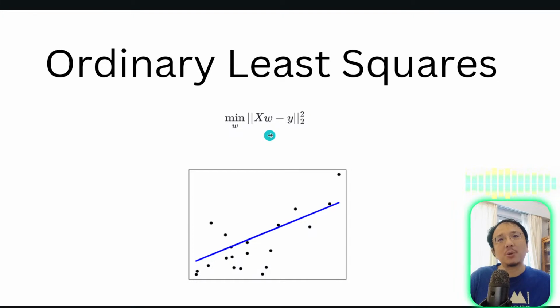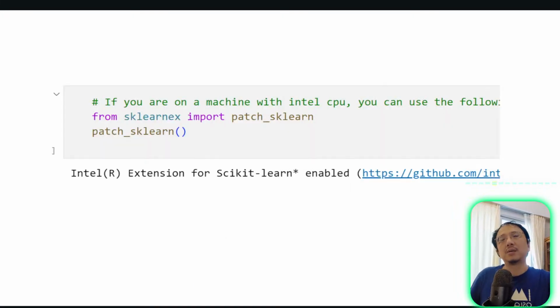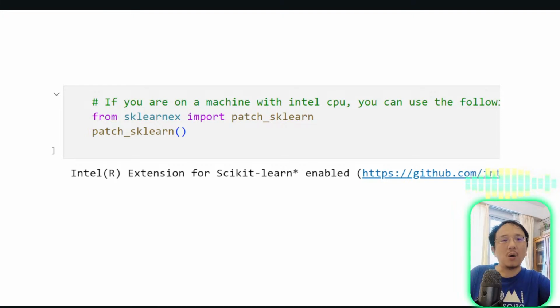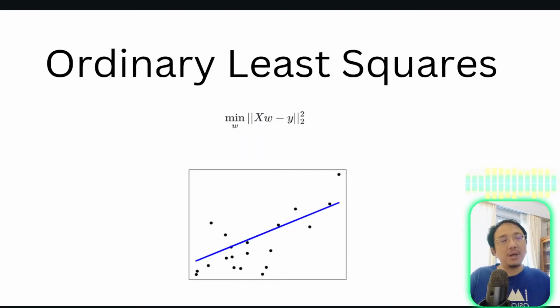The only thing that we can optimize, you can see here, is the W, which is the weight. So this one is the model. We try to find the best matrix that can minimize the squared error. So we call this the ordinary least squares. This is just for one-dimensional Y output.